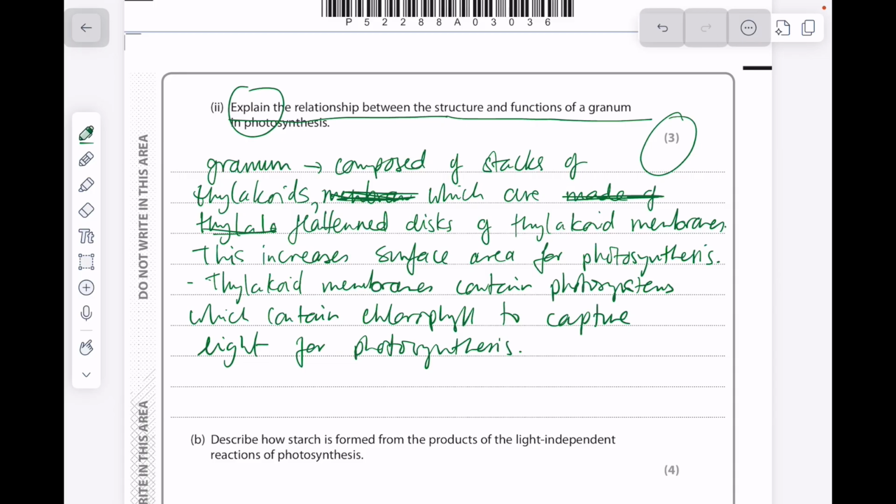Granum composes stacks of thylakoids. Explain the relationship between the structure and functions of a granum in photosynthesis. Increases the surface area to capture more light. Thylakoid membranes contain photosystems and electron transport chains to carry out the light-dependent stage of photosynthesis. Contain photosystems which contain chlorophyll to capture light.